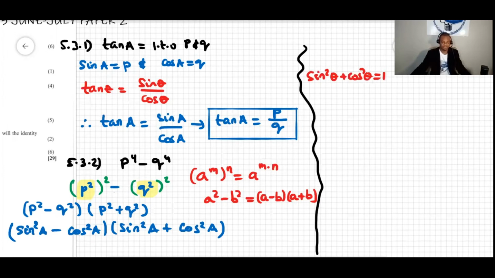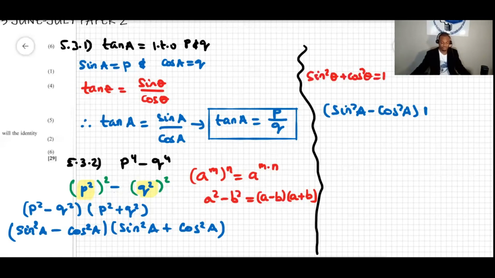So this becomes sine squared A minus cos squared A times 1, and 1 is the same as sine squared A plus cos squared A.